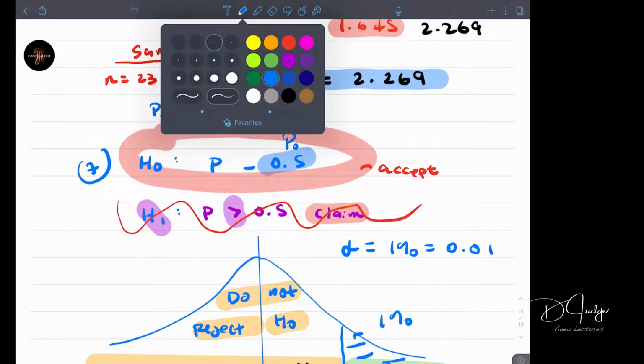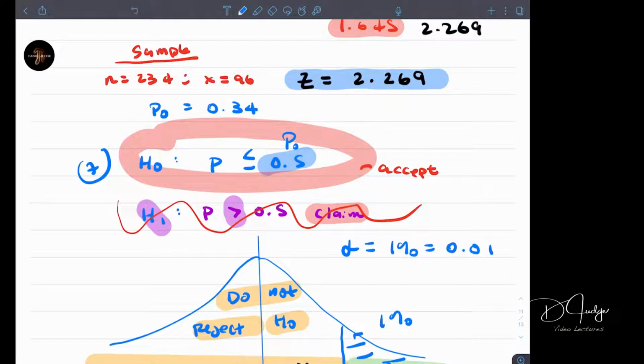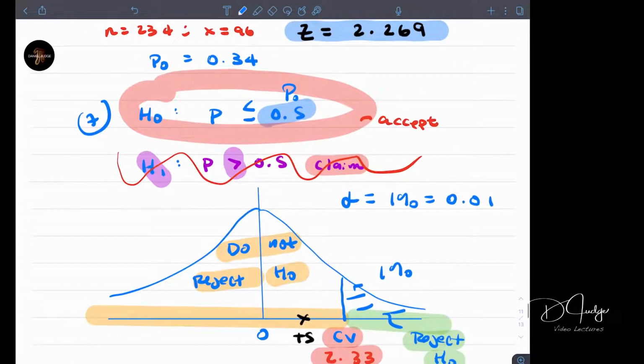Okay. Sorry. I wrote it down wrong. But nevertheless, our conclusion is the same. The sample is suggesting that the true proportion is less than or equal to 50%. Not greater than. It's less than or equal.